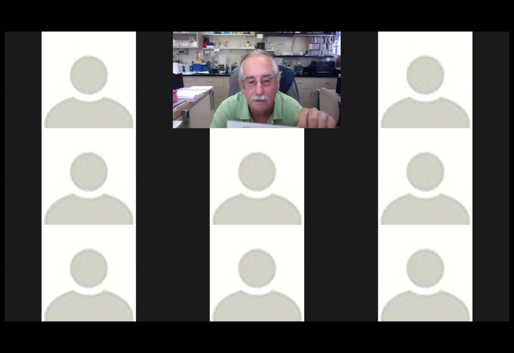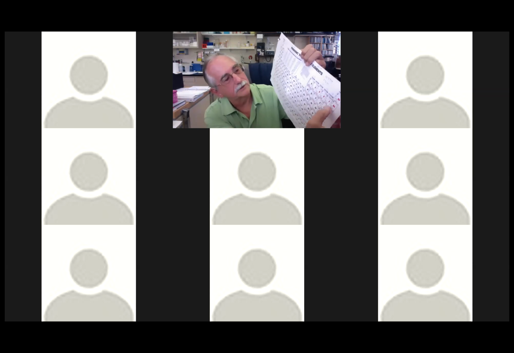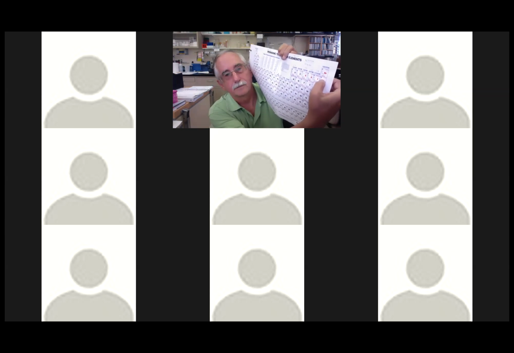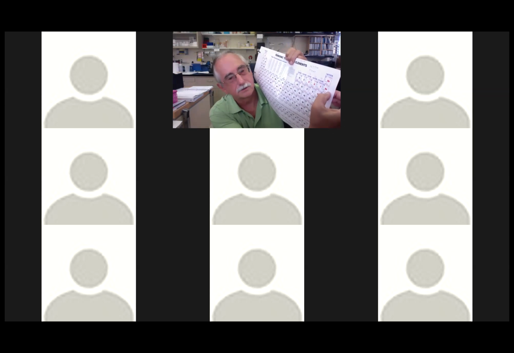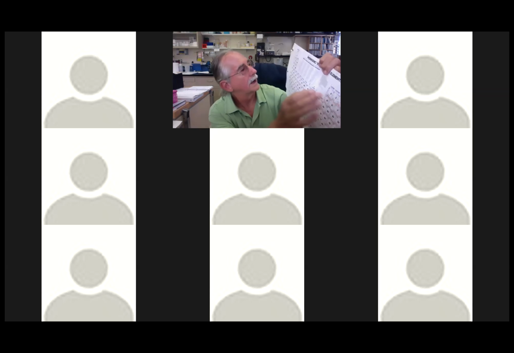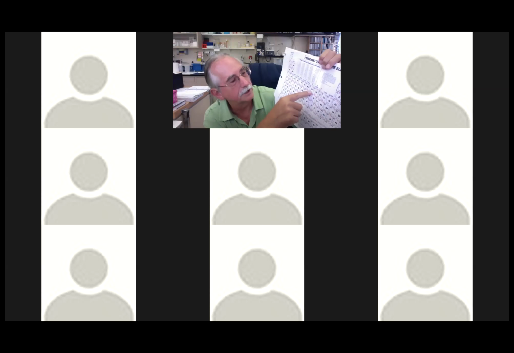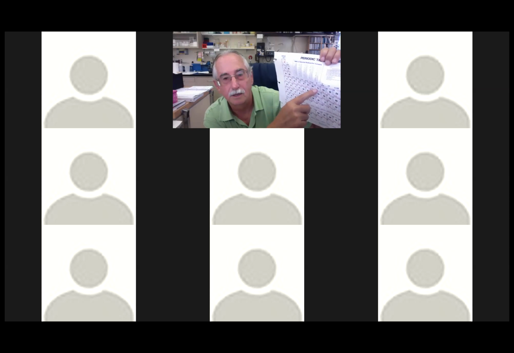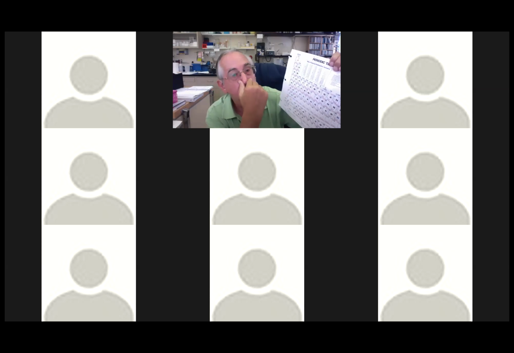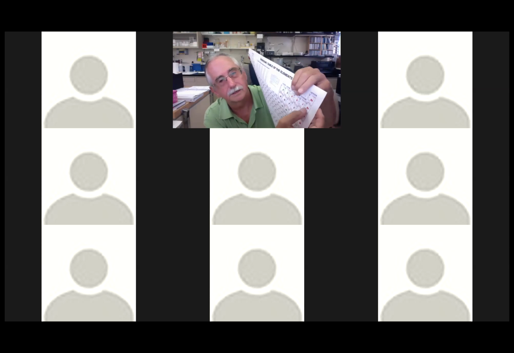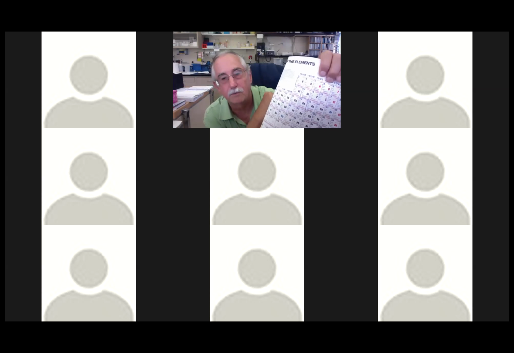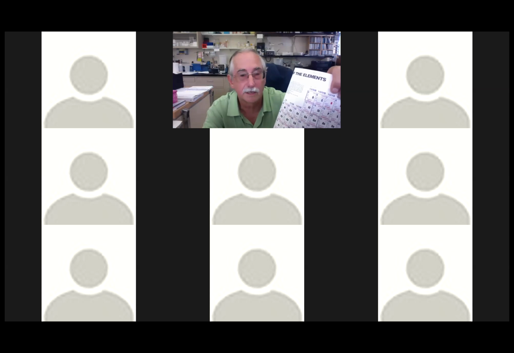Well, you cannot, for example, look at fluorine right here and predict what it wants to do. I can look at lithium right here and predict what it wants to do. But I can't look at, say, iron and predict what it wants to do just by its position on the periodic table. When you say predict what it wants to do, you're talking about whether it wants to gain or lose electrons, right? Exactly. What charge it's going to form, what number of bonds it's going to form, and all that kind of stuff.